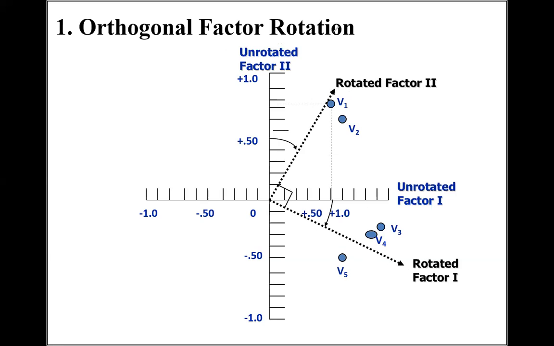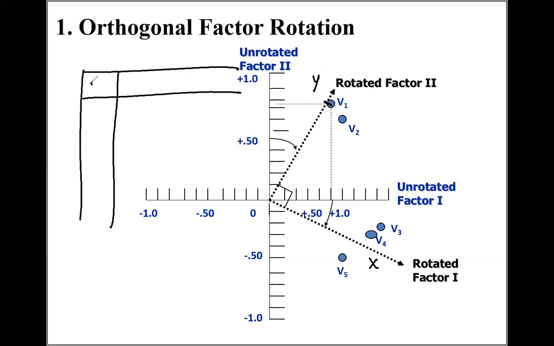When we rotate it 90 degrees, now you can see v1 on the y-axis. It is the y-axis and this is the x-axis. It is highly related. Now after rotation, the purpose of the factor rotation is to reduce the cross loading.